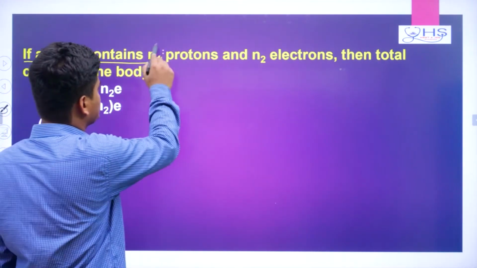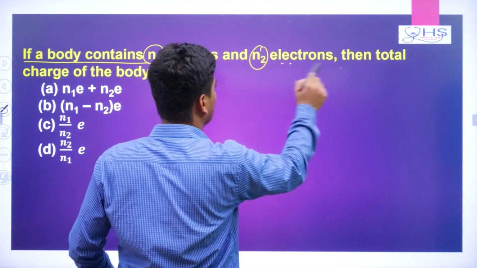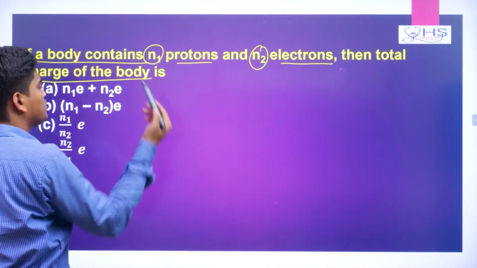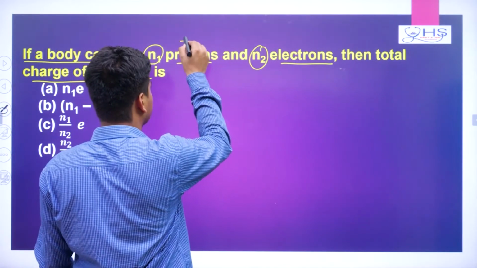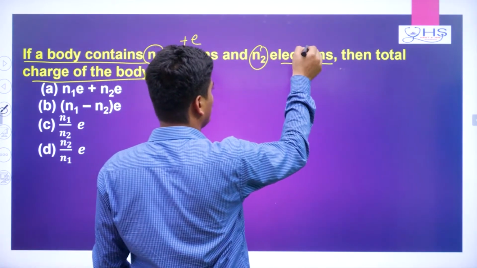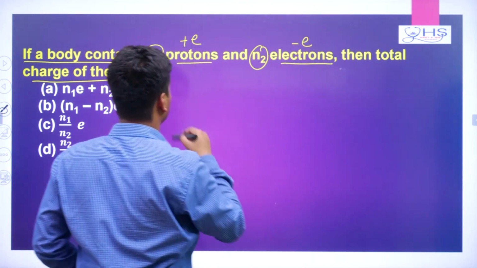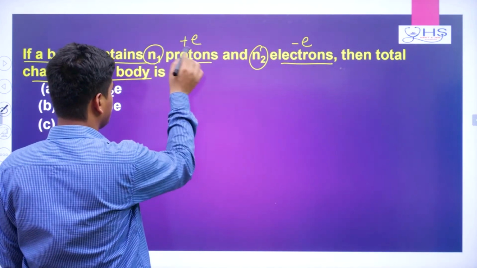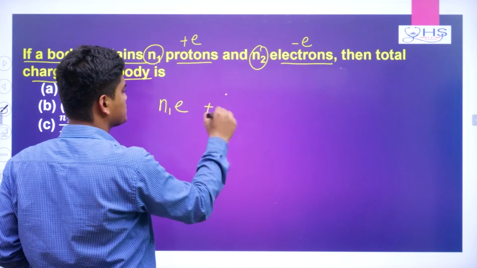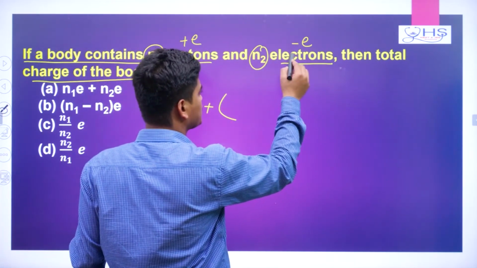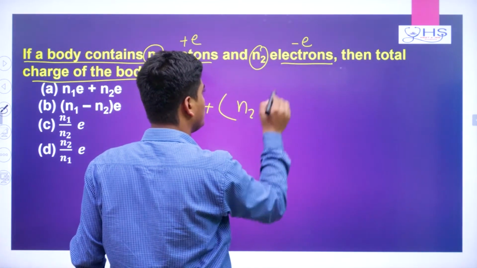If a body contains n1 protons and n2 electrons, then the total charge of the body is how much? Proton charge is plus e and electron charge is minus e.